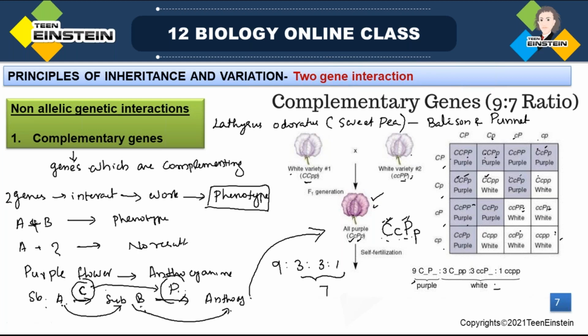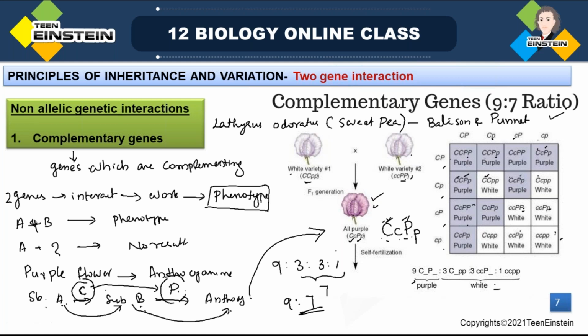Okay. So from the checkerboard, it's clear that in F2, the normal Mendelian ratio we know is 9:3:3:1. But in complementary genes, that ratio is getting modified into 9:7. So what is the ratio of complementary gene interaction? 9:7. These ratios you have to know. How is it?